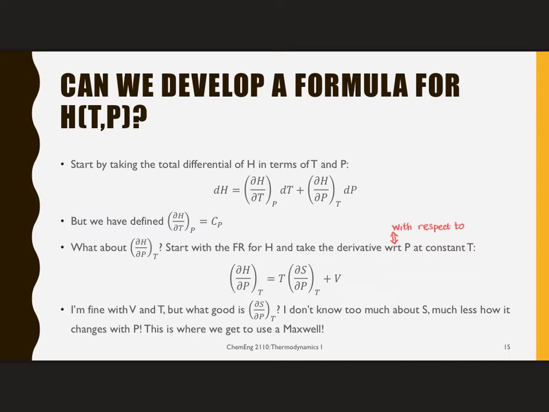Now, I'm fine with having V and T in this expression, but the dS/dP at constant temperature, oh, that's a problem. I don't know all that much about entropy, and much less how does it change with pressure?